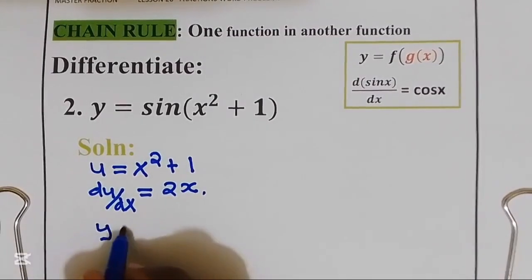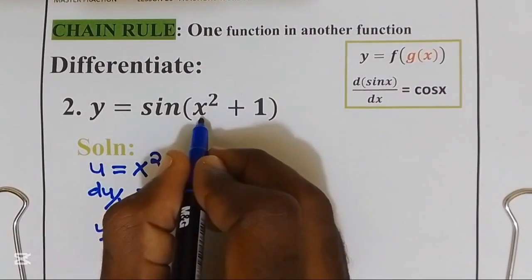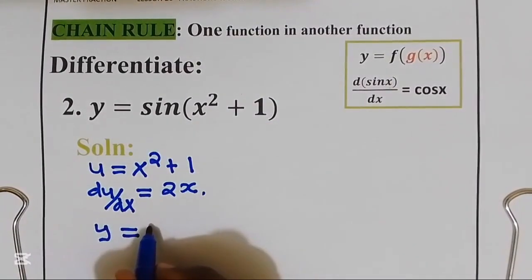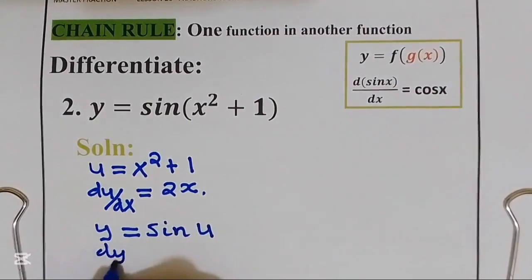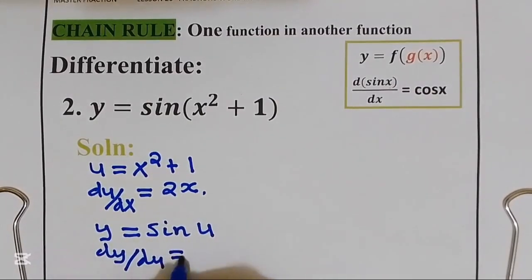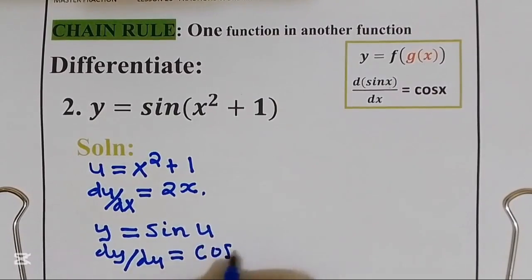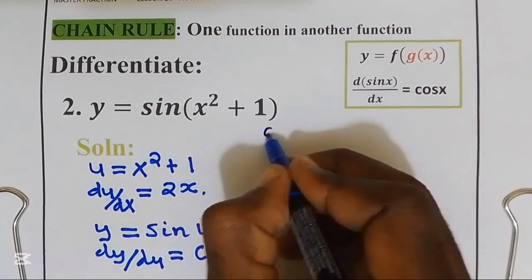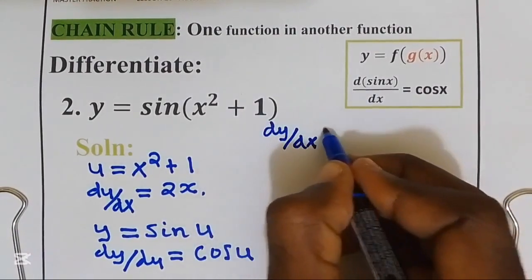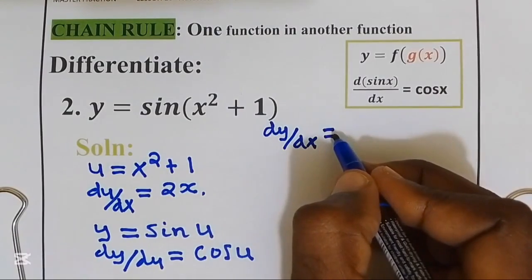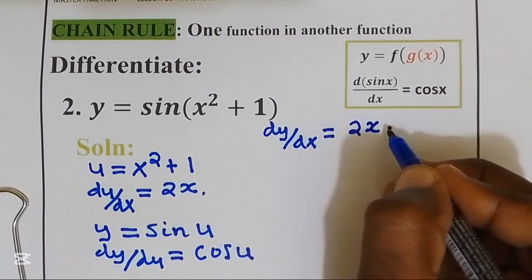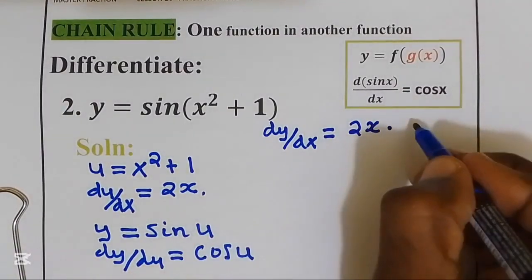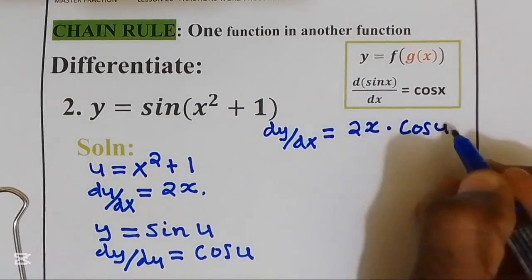Now y is equal to sine of u, where u is the inner function. dy over du is equal to cos u. dy over dx is equal to du over dx, which is equal to 2x, multiplied by dy over du, which is equal to cos u.